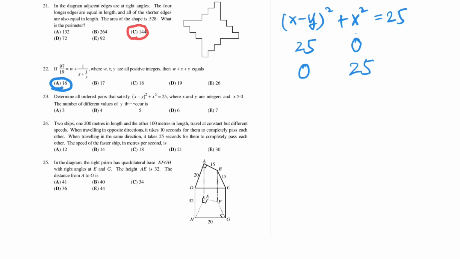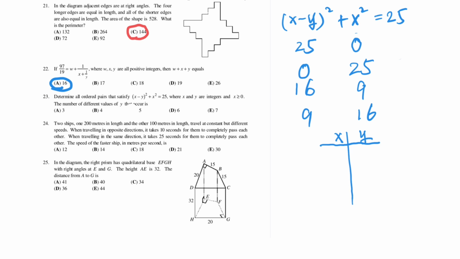Another is x squared equals 9 and (x minus y) squared equals 16. And we switch these two numbers, 9 and 16. We only have these four cases. Now we do case 1. Let's draw the x and the y. So that's the x, that's the y value.